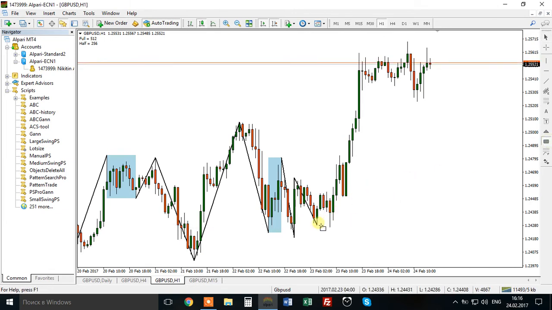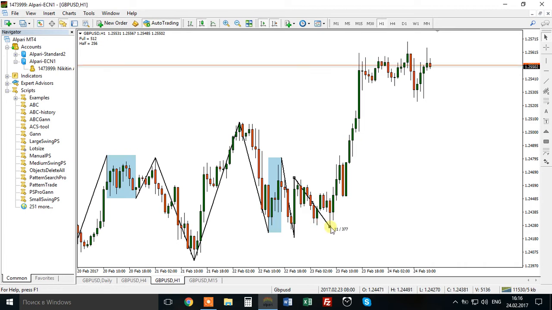Let us be more precise. 256. 253. The rectangle says it is 253. $249, 252. No, it is filtered.